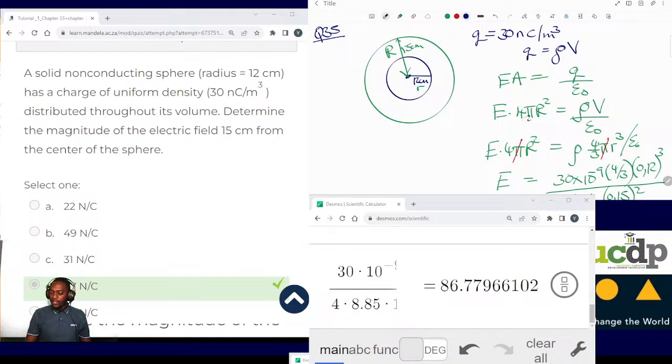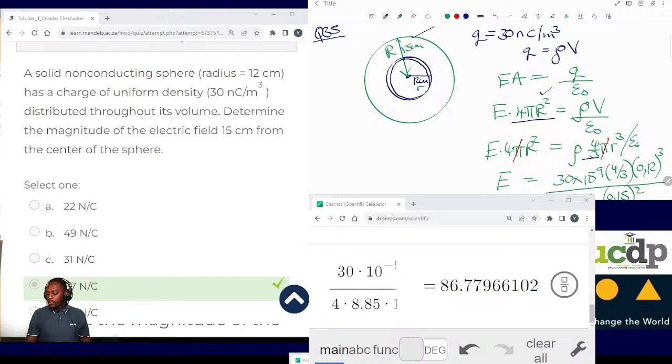You know that this is EA, the area enclosed by your Gaussian surface. Take note of the r, which is 15 centimeters. And calculating the volume, you're now considering the volume of the sphere.